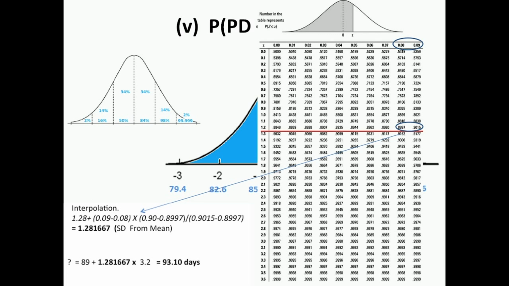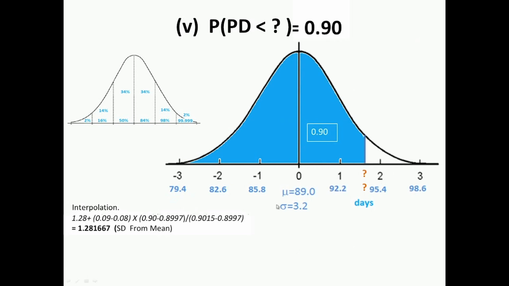You can see the basic interpolation formulation here, which is your typical interpolation formulation, and you will find that when we solve this, the value is so many standard deviations from the mean. Now, what we need to do is convert that into a duration.